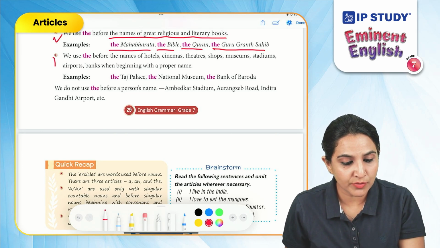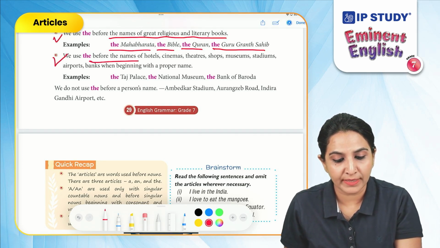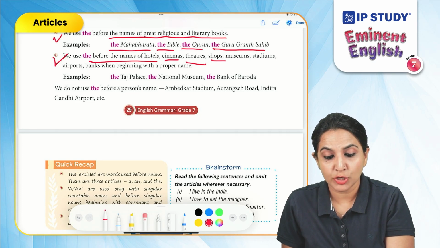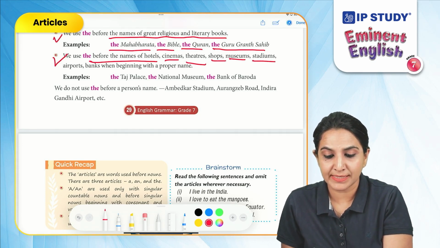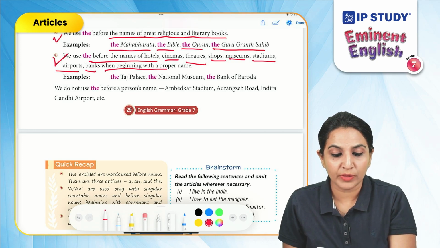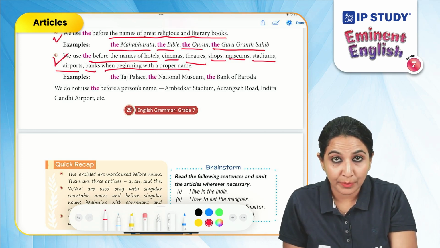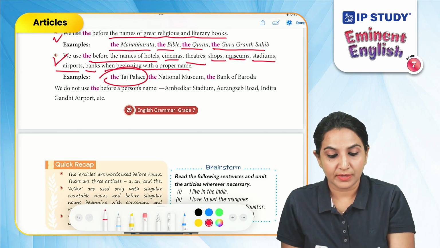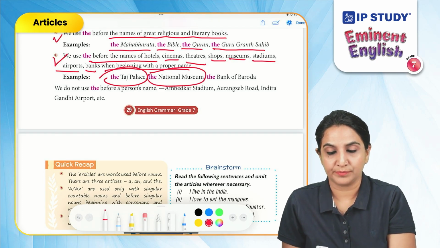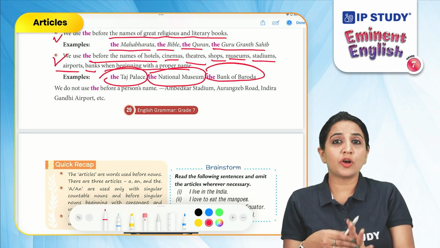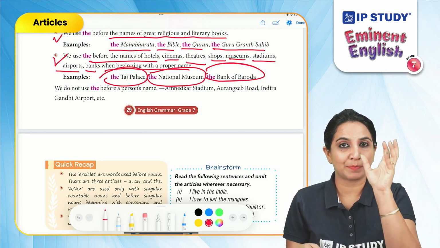We also use the before the names of hotels, cinemas, theaters, shops, museums, stadiums, airports, banks, when beginning with a proper name. For example, the Taj Palace, the National Museum, the Bank of Baroda. Here you're talking about a specific place, a specific bank.